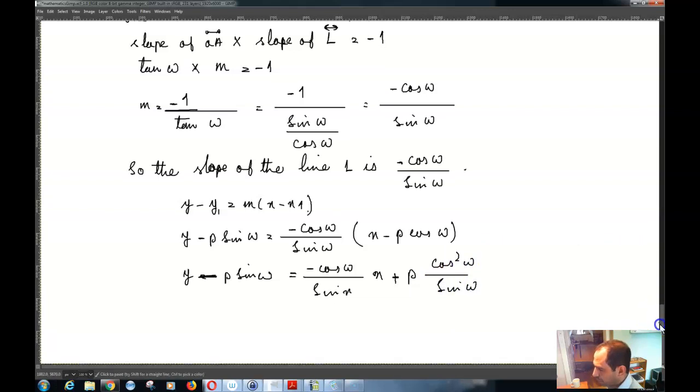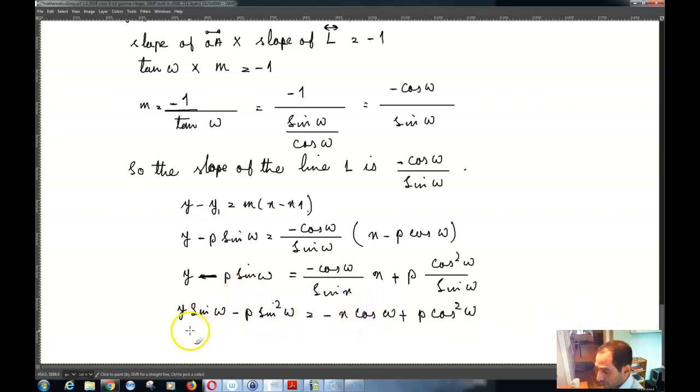Now if I multiply everything by sine omega, I'll get y times sine omega minus p times sine squared omega is equal to negative cos omega times x plus p times cos squared omega.